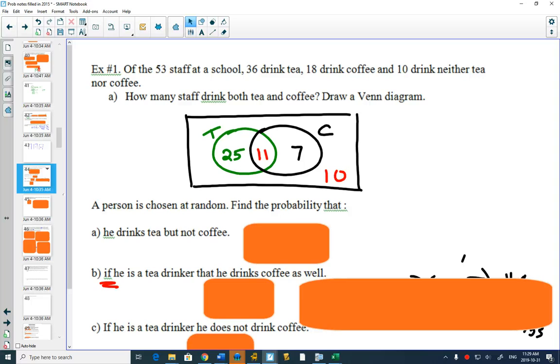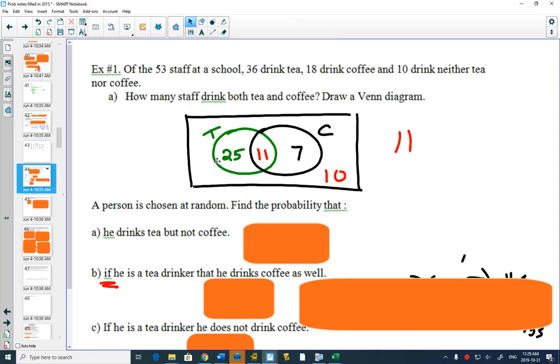Me personally, what I like to do is think of the whole green circle as 36, right? 36 plus 10 makes 46. This section that's left, that's the black 7, has to add up to 53. That's how I like to figure out sections. And then after that, everything else works out perfectly. So how many staff drink both tea and coffee?